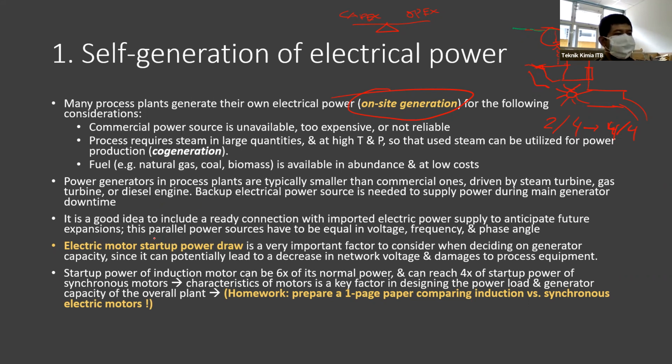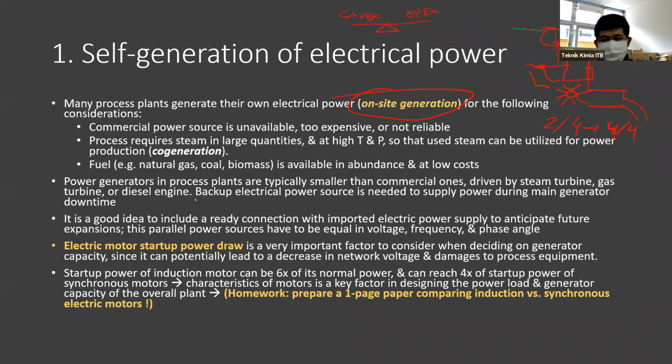So when you are deciding what kind of power generator will be built inside your plant, you need to consider the fuel availability first. What kind of fuel can be provided to your plant?